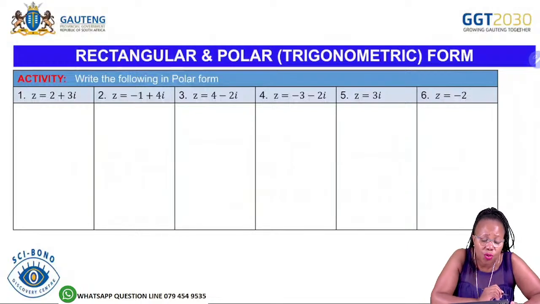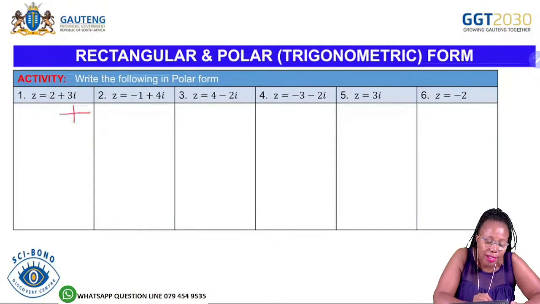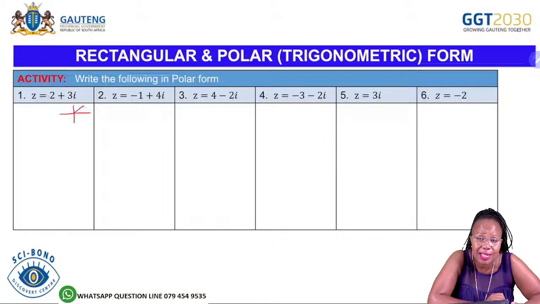Remember, in order to write in polar form, Grade 12, you must have the value of theta and the value of the modulus R. So it's very important to know in which quadrant you lie. For example, if you look at 2 and 3, this Argand diagram will be in quadrant 1. So your theta is less than 90.